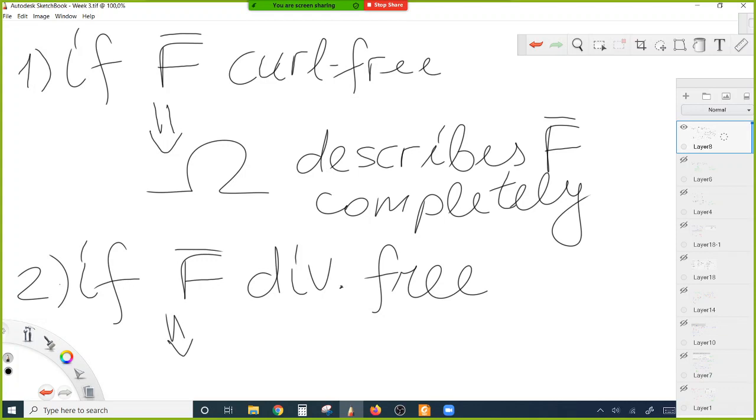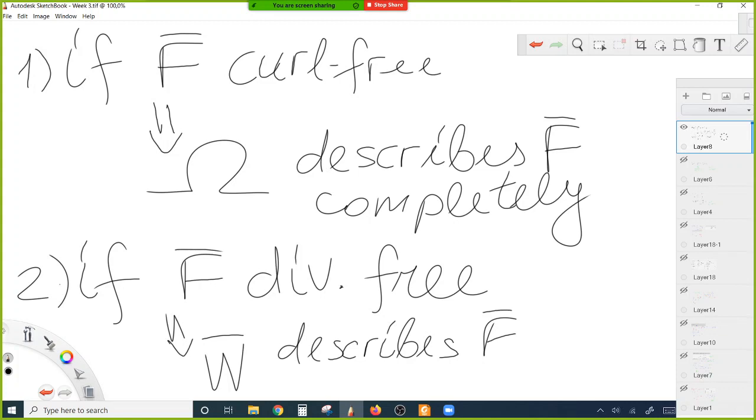The vector potential, which in previous slides we defined as W, describes our vector field f completely.